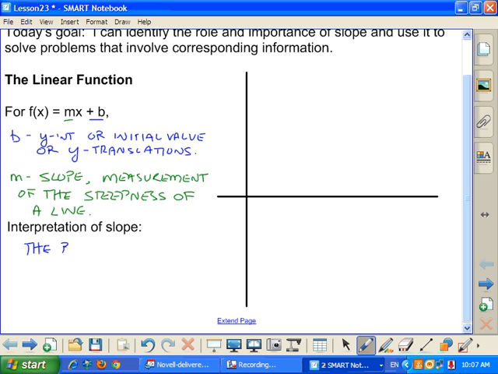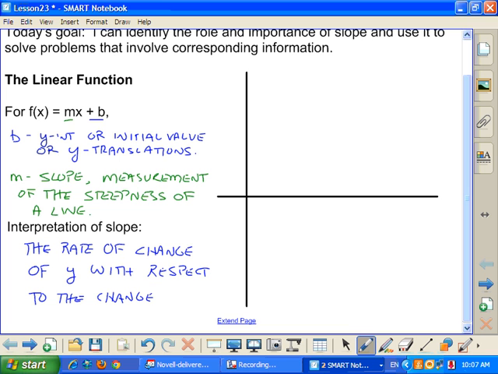And if your definition involved the rate of change, you're actually more correct, or right on the path that I'm heading down. So it's the rate of change of y with respect to the change in x. So we're looking at how is y behaving, how is it changing as our x value changes.